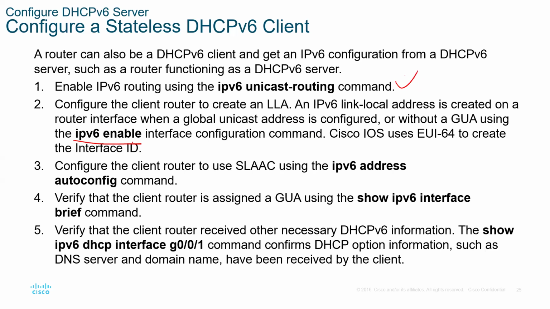Then after that, we configure the client to use SLAAC to get its IPv6 address. This is the command: ipv6 address autoconfig. It means now our device is getting its address using SLAAC.